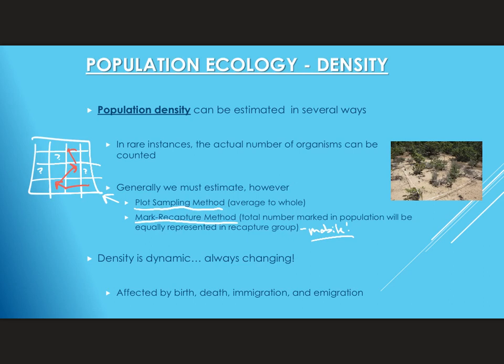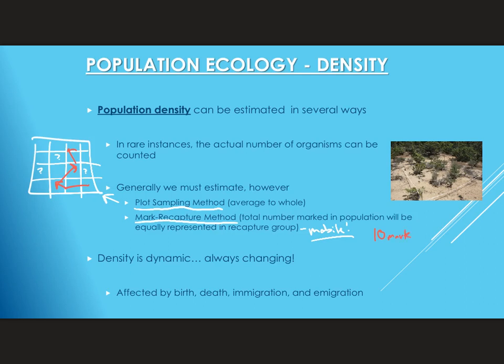So this is pretty straightforward. There are technical formulas you can use for this, but I like to just look at it as two fractions, right? So let's say that we collect 10 honeybees and we mark those.